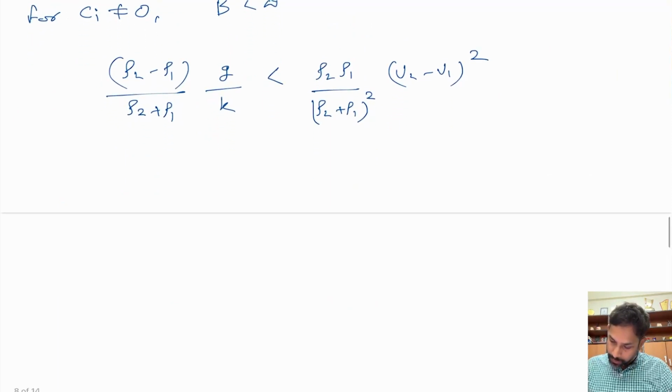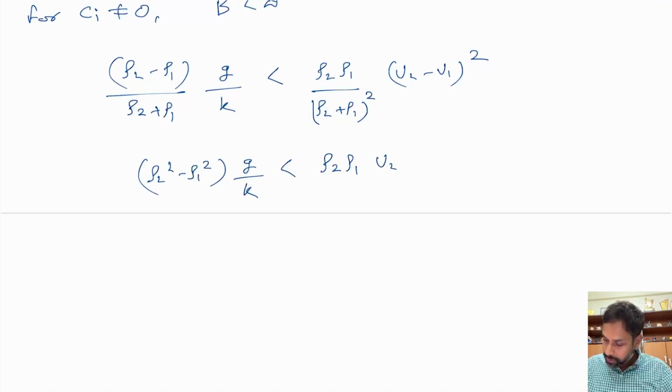Okay, and if we have to analyze it a little further, this will give you rho 2 square minus rho 1 square G over K is smaller than rho 2 rho 1 u2 minus u1 square.